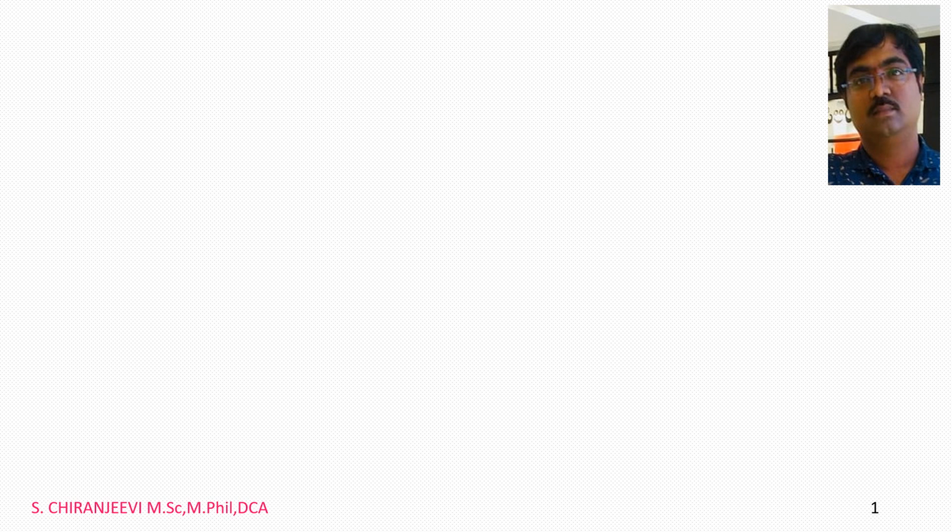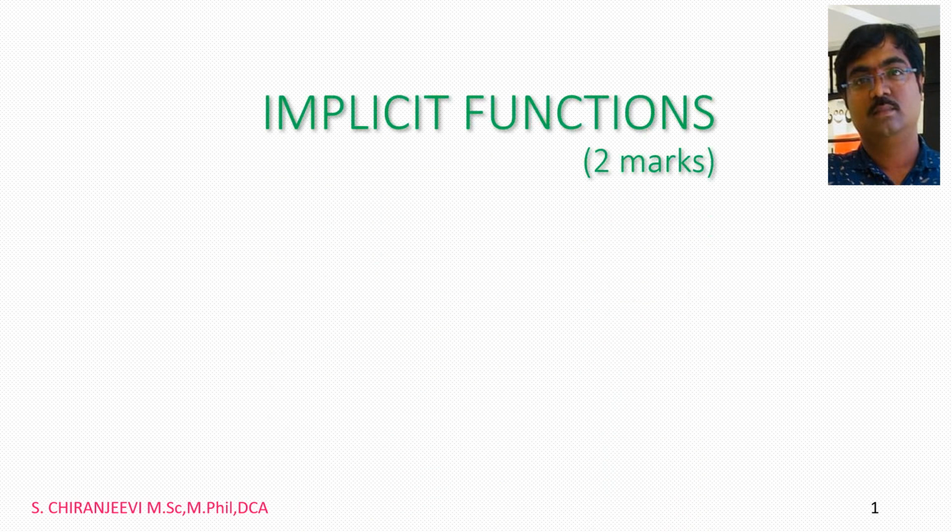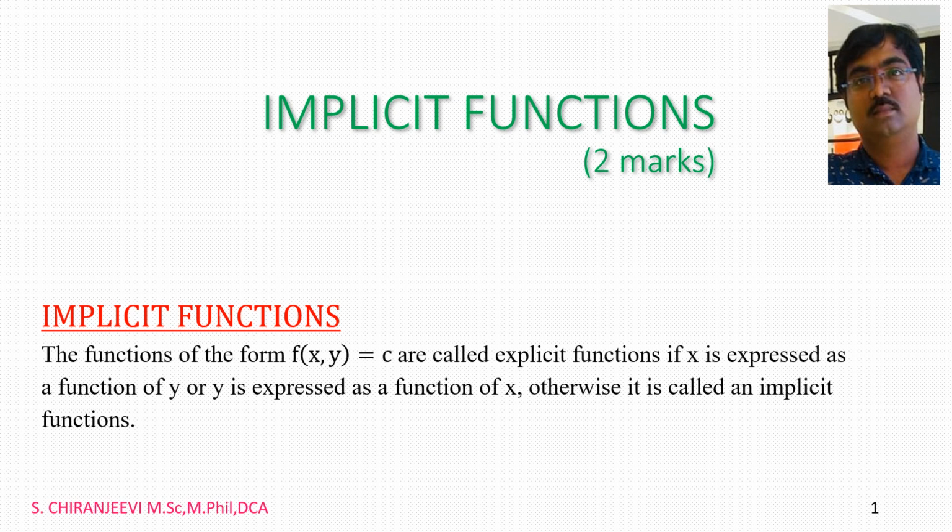Today's topic is implicit functions, which will be repeatedly asked for 2 marks. The function of the form f of x comma y equal to c is called an explicit function if x is expressed in terms of y or y is expressed in terms of x.